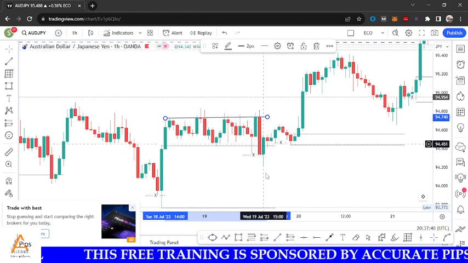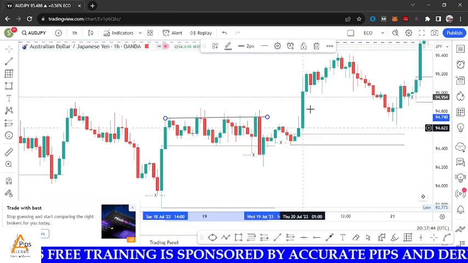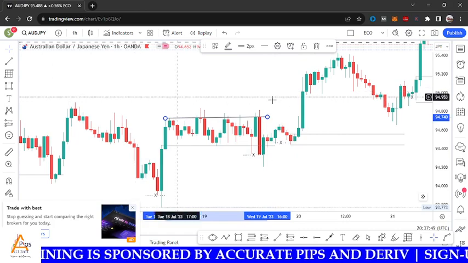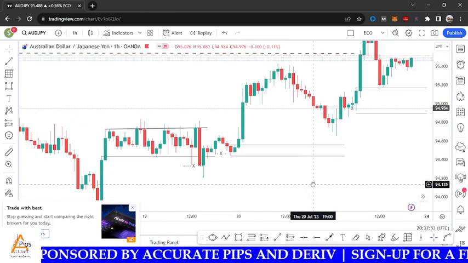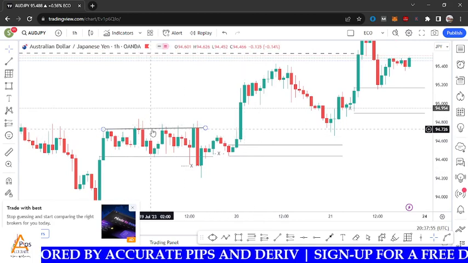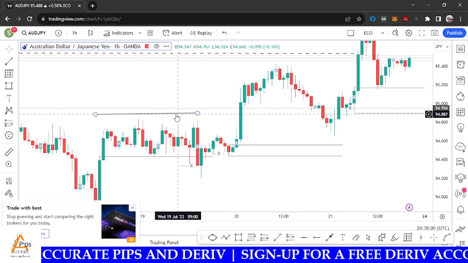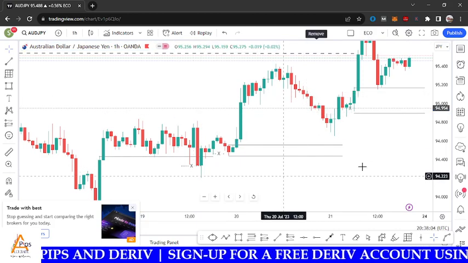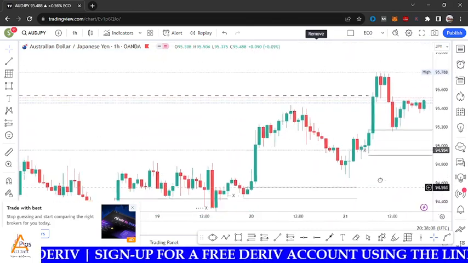And once they start selling over here, buyers will come into the market and take all their stop losses above here and push the market in their direction. You get it? So we use this to determine liquidity. It's a type of liquidity we'll be looking at under liquidities. Okay. Yes, please.